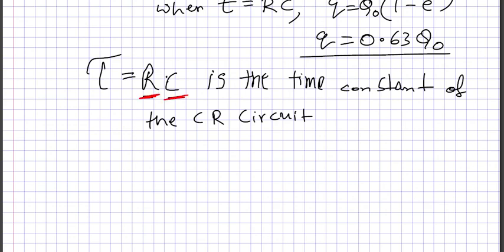So only those two components decide the time taken by the capacitor to charge from 0 to any value. So with that, we conclude this topic of growth of charge on the plates of a capacitor.